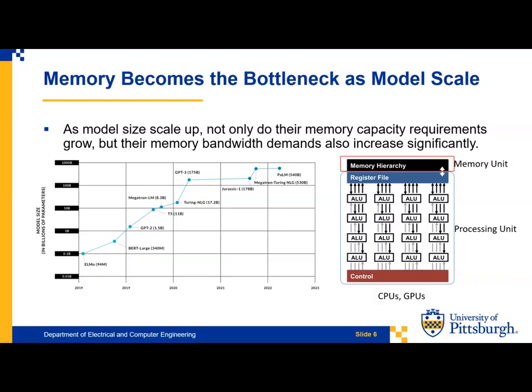It means for each token you need to go through the whole model once. So if you have hundreds or thousands of output tokens, the communication between the processing unit and the memory unit will have a lot of data traffic.